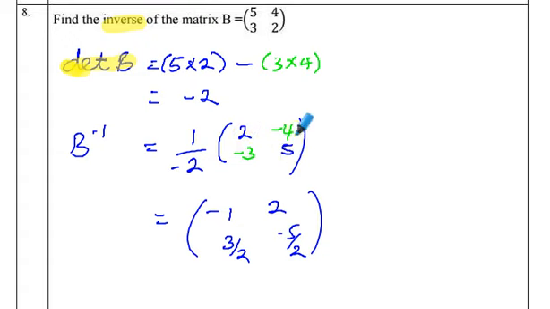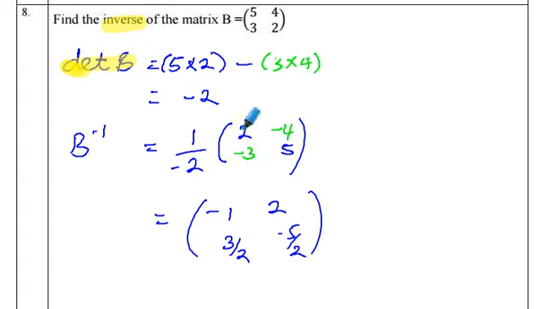Then what happens to the numbers along the minor diagonal? They change sign. So 4 is positive in the given matrix, now I'm changing it into minus 4. 3 is positive here, I'm changing it to minus 3. So, change in sign. Good. Now after doing that, we need to multiply this number here times each and every entry in the matrix.